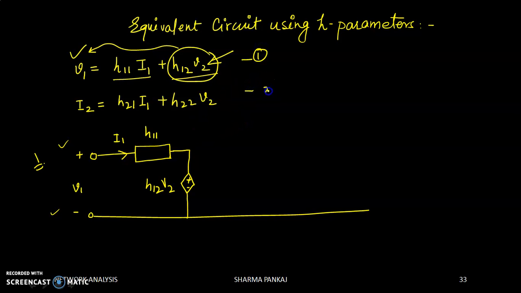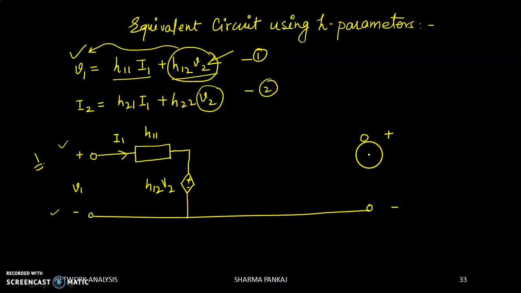Now let us move towards equation number 2. Now see this equation number 2. V2 is actually defined at the output terminal, or the terminal voltage V2 is defined here. It is plus, it is minus.